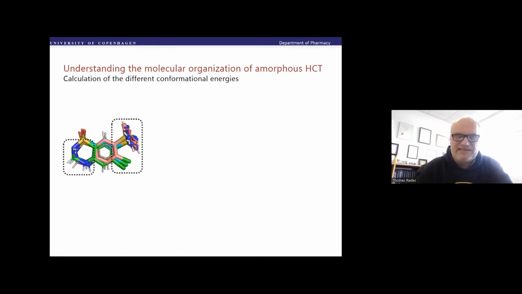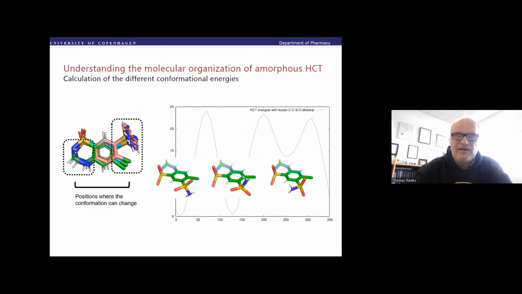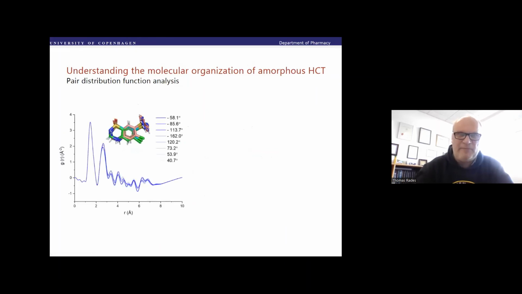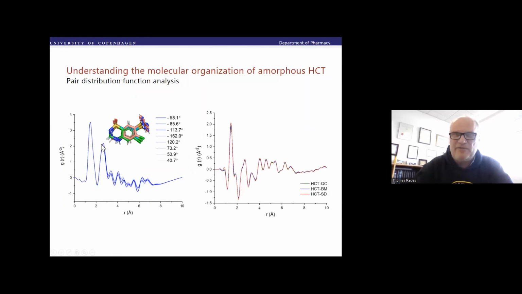So if we do this, we can first also determine specific configurations that are particularly low in energy, and then we can determine out of this with molecular dynamics, we can calculate a pair distribution function. So if this was the only molecule in the world, then this single molecule would have a pair distribution function like this. And then we can look at our pair distribution functions that we got experimentally from the differently prepared amorphous forms. And what do we see?